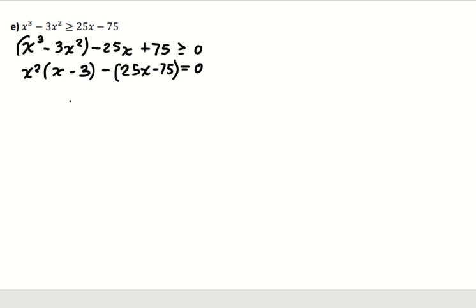So I want to factor this out too. Let's just copy this, x minus 3. Common factor 25. 25x divided by 25 is x.